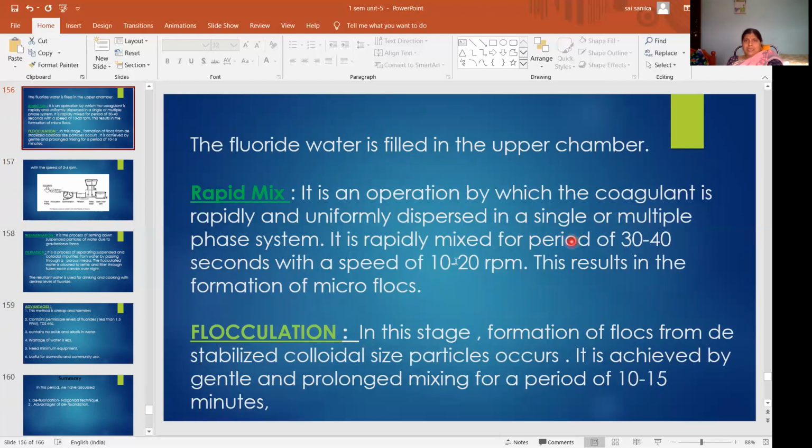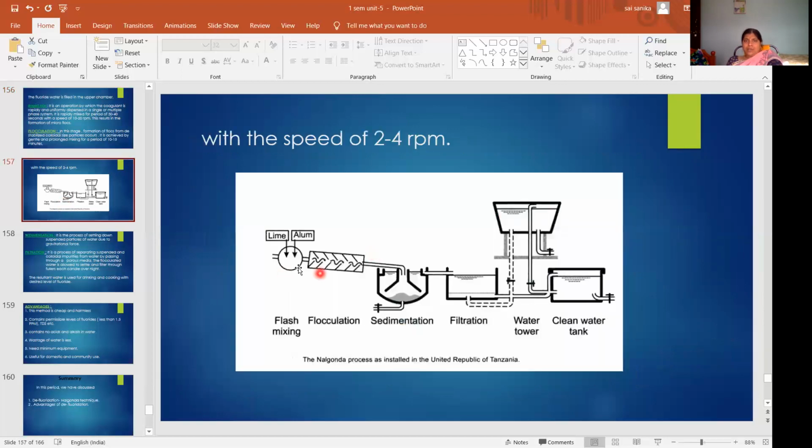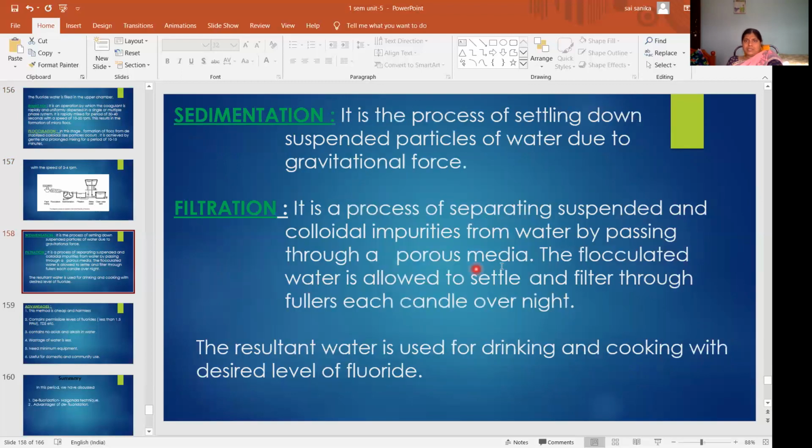Here, fast mixing for a period of 30 to 40 seconds and 10 to 20 rotations per minute. Due to this, microflocs are forming here.